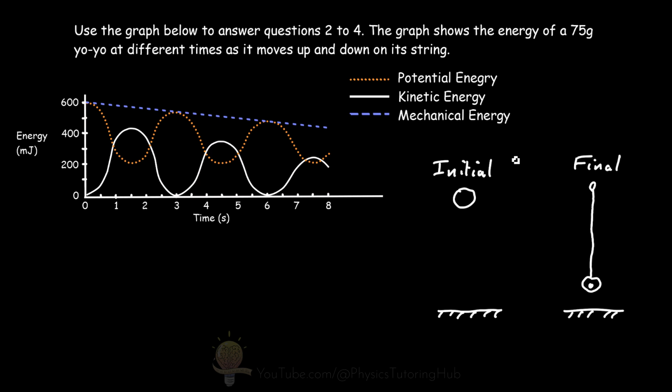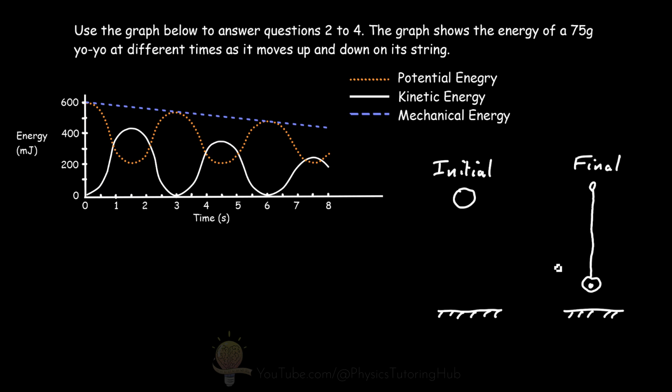Now, why might this be the case in this system? So this is not a completely isolated system, which means that some of the yo-yo's kinetic energy, as you can see in this white curve here, is transformed into other forms of energy due to frictional forces in the yo-yo and the air resistance it experiences as the yo-yo is in motion.